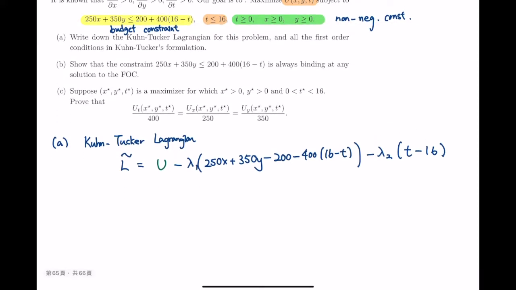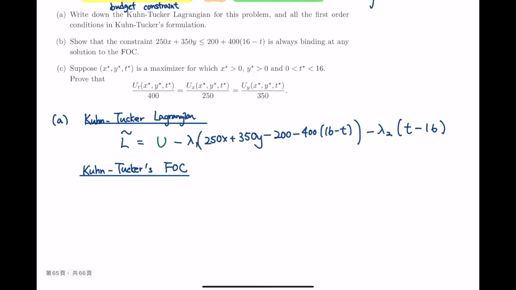And how about the first order conditions in the Kuhn-Tucker formulation? So, the Kuhn-Tucker first order conditions. What are the equalities? They are all given by complementary slackness.